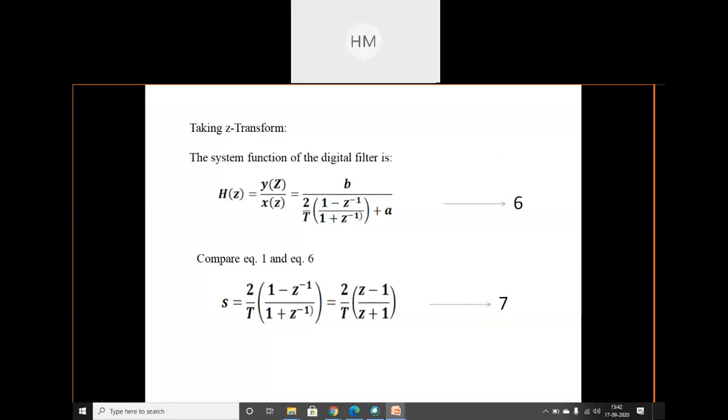So we are replacing that s by this term, 2 by T in bracket 1 minus z inverse upon 1 plus z inverse. So we replace s in terms of z. So I got this equation, s is equal to 2 by T (1 minus z inverse upon 1 plus z inverse), or you can say 2 by T (z minus 1 upon z plus 1). Is it clear? So this is just converting S domain into Z domain.